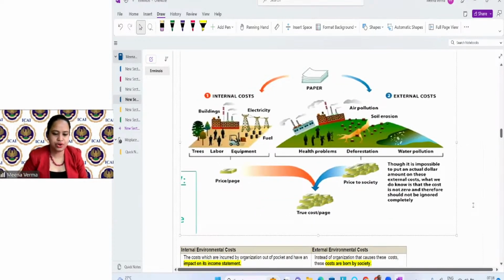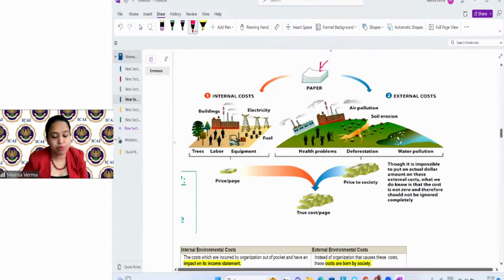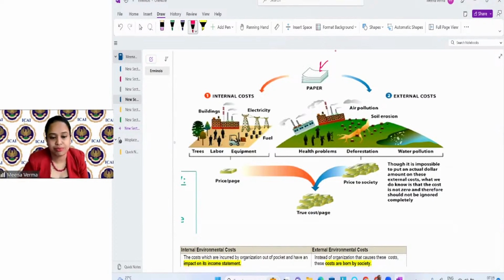Okay, so for example, here what is happening, the company is engaged in preparing the papers. Now you can imagine, our population is beyond 100 crores of people. And most of our population is young generation, and they're all engaged in studies.